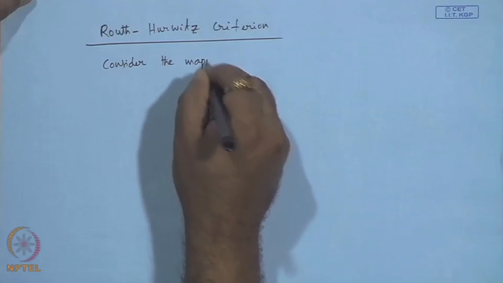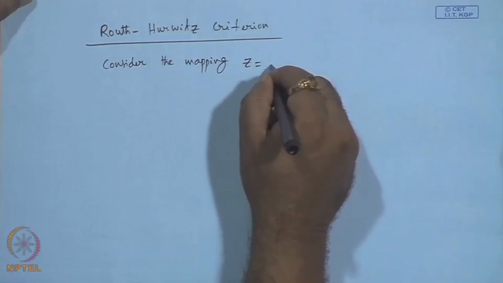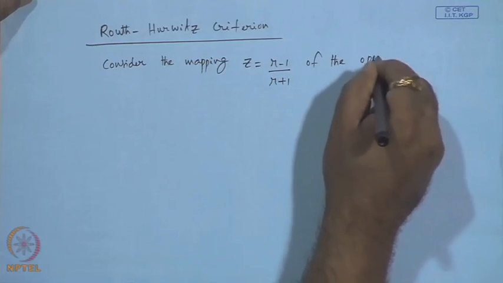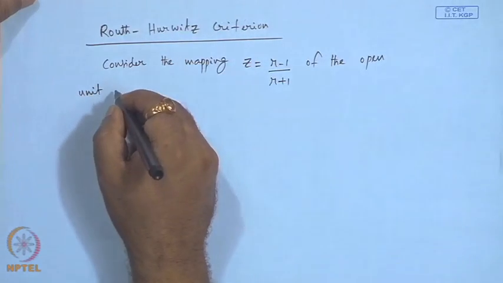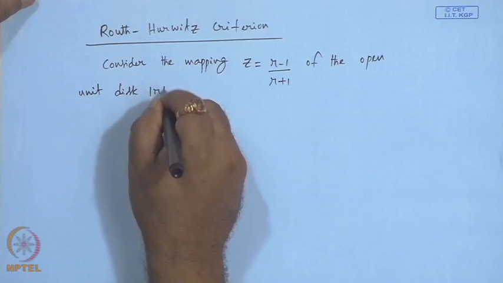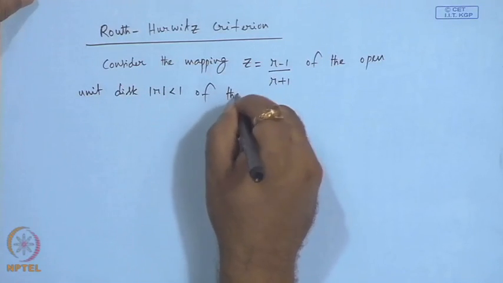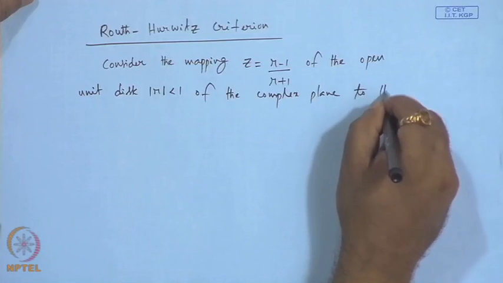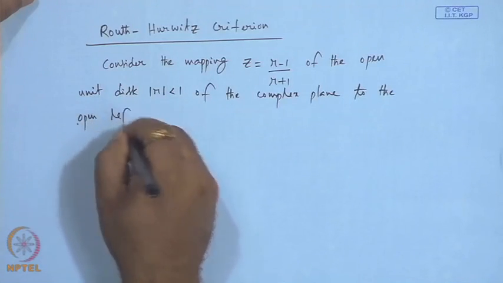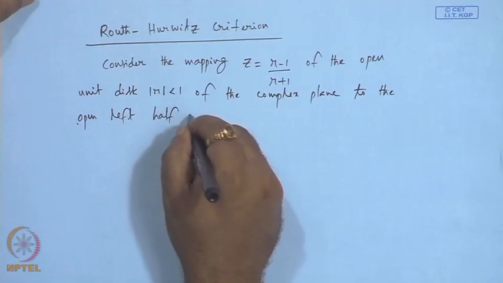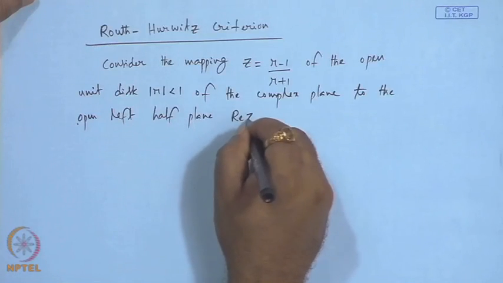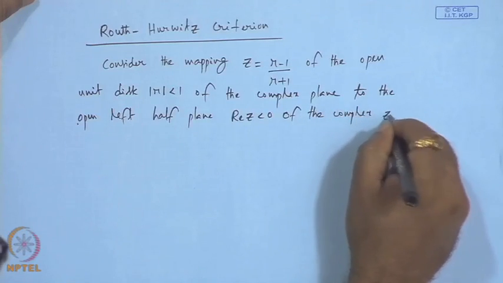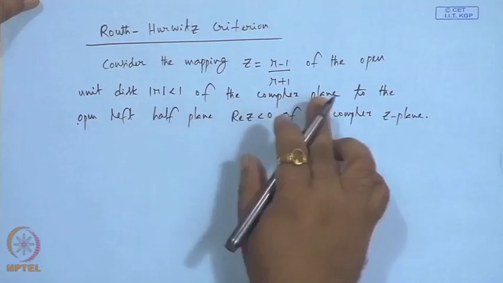So, consider the mapping of the open unit disk of the complex plane to the open left half plane, that is real z less than 0, of the complex z plane. So, what does this mapping do?